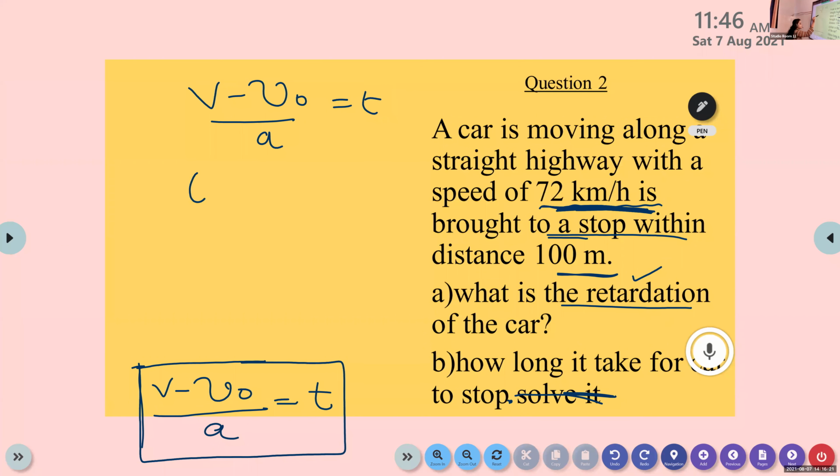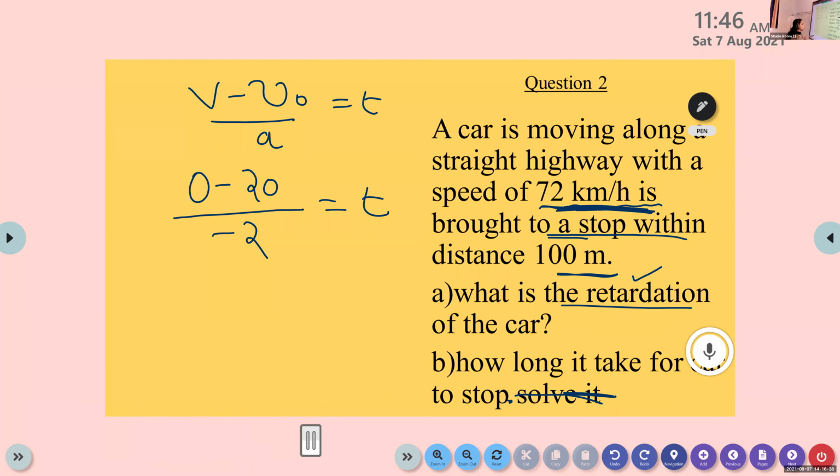Final velocity is 0, minus initial velocity 20, divided by acceleration. Here we have a negative acceleration, minus 2. That is equal to t.